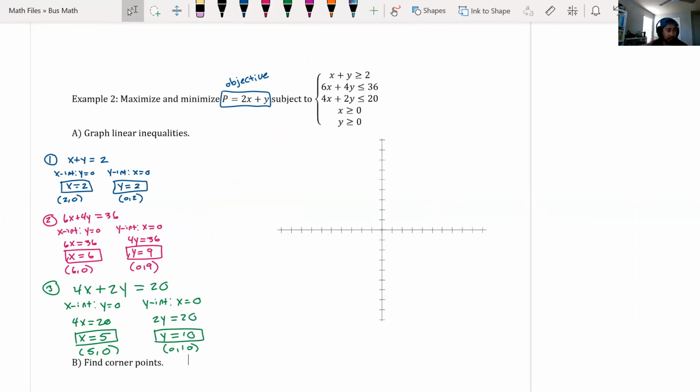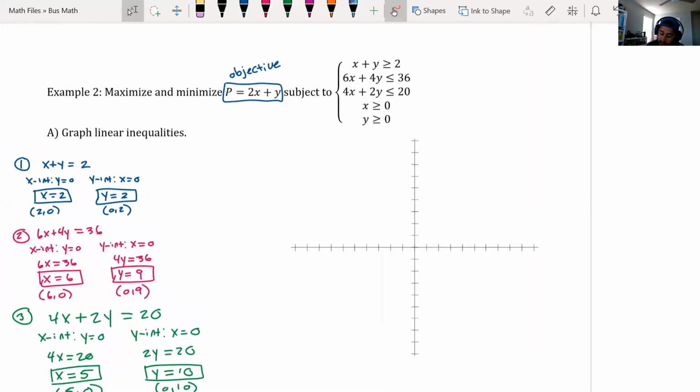So let's go ahead and plot everything that we have. So (2, 2), oh yeah. And again, since these are all less than or equal to's or greater than or equal to's, these will all again be solid lines. Okay, (2, 0) and (0, 2), and this line.